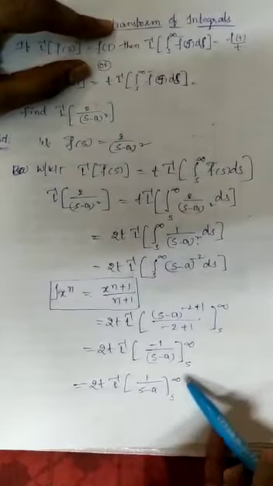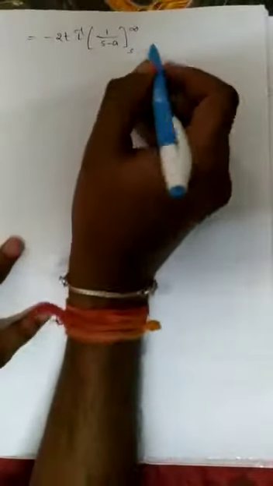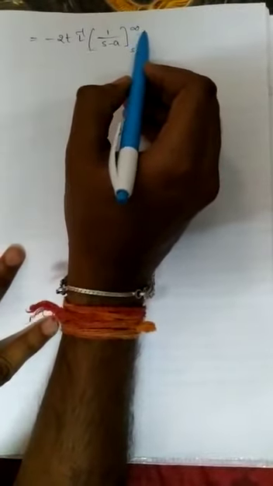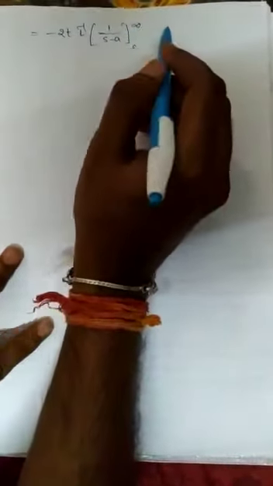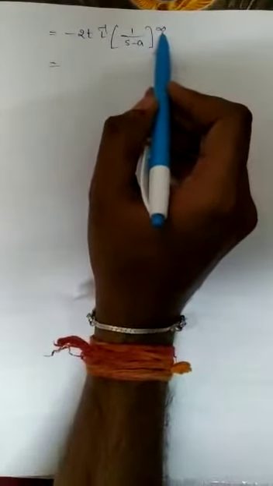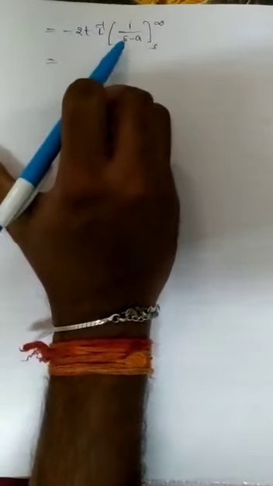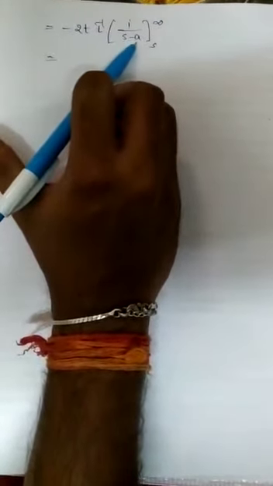Now apply the limits. If you apply the upper limit, infinity, in place of s, you get 1 by (infinity minus a). Infinity minus a is infinity, so you get 1 by infinity.